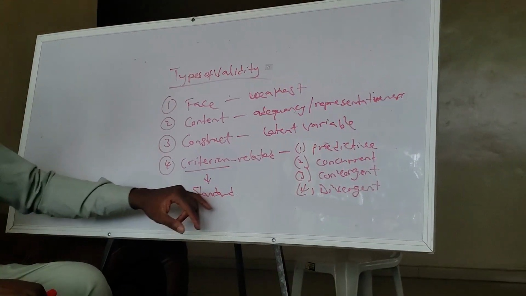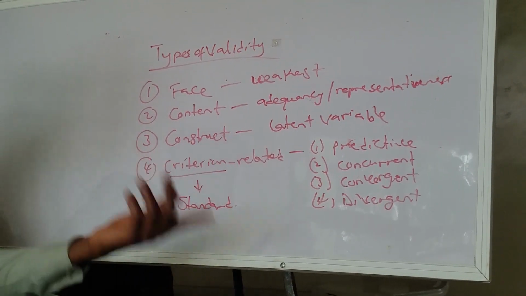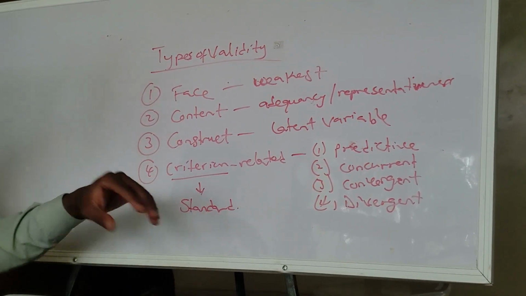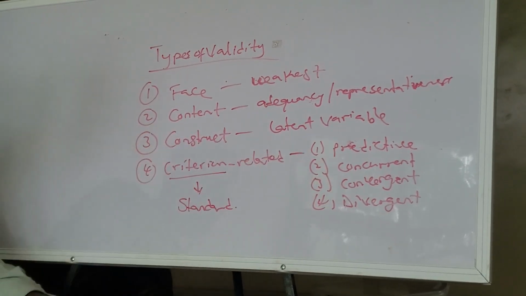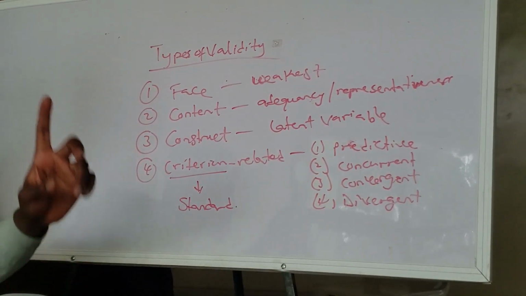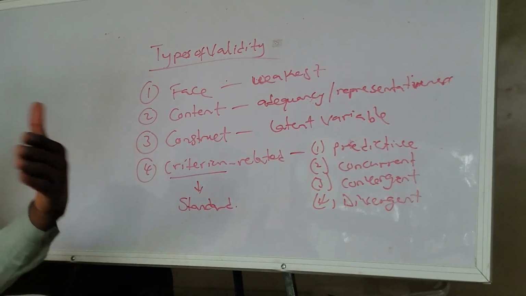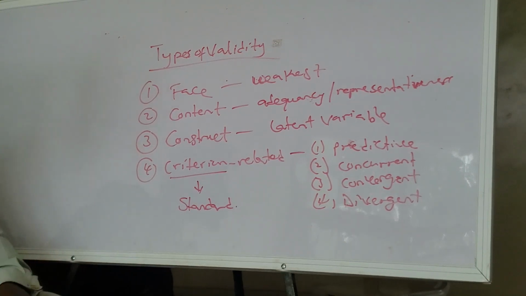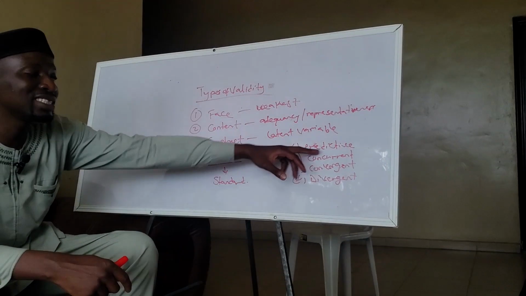So when you are comparing the test, when I say test, I mean the score obtained from the test. So it implies that you are looking at the score you obtain from the test with a test that will occur in the future. When we say in the future, when that future comes, you obtain a score, you now compare it with a standard. That means it has happened before. Then that's predictive.